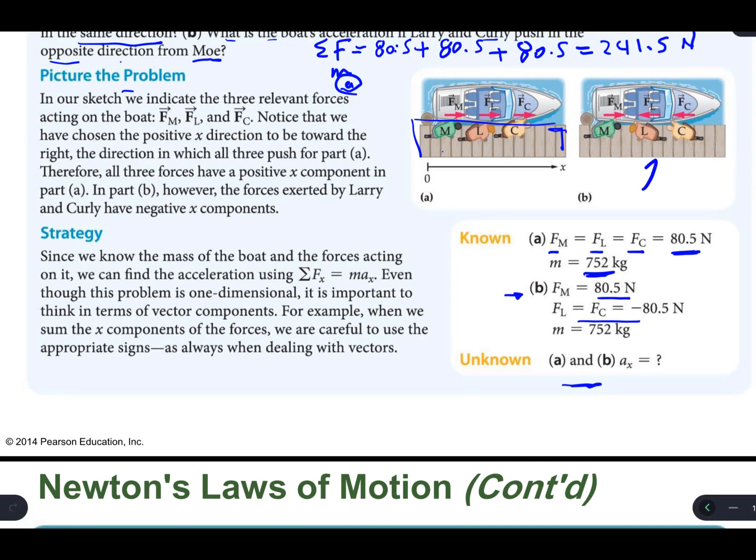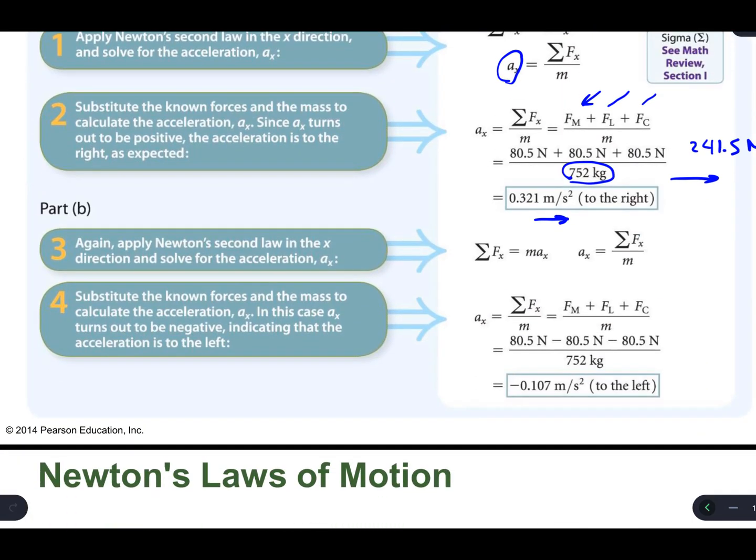Both of them push, as in the picture, to the right. Here in the picture, as you see in the photo, Curly and Larry push on the left side in the negative direction, and Moe pushes only in the positive direction. So the summation of force will be negative because larger forces are applied in the negative direction. Let's see here, ax equals: the first one for Moe in positive, the second and third for Larry and Curly in negative direction.